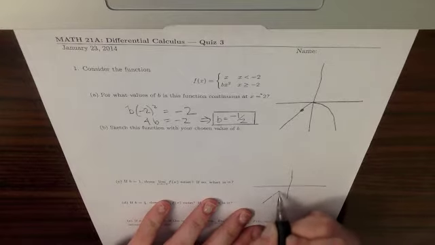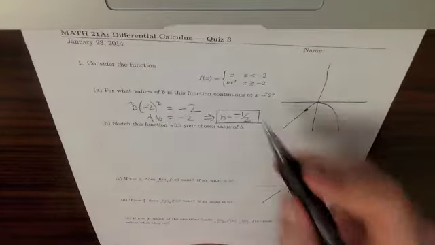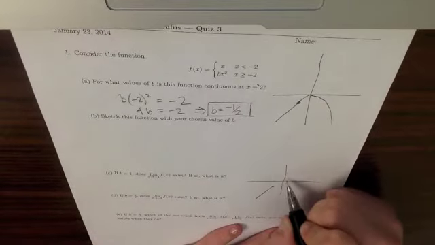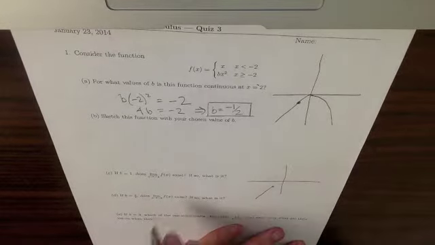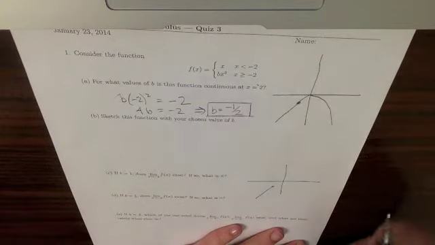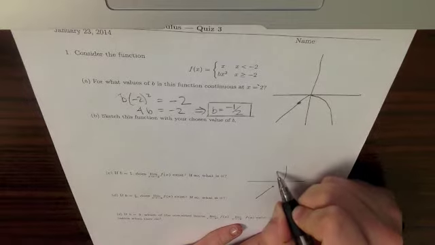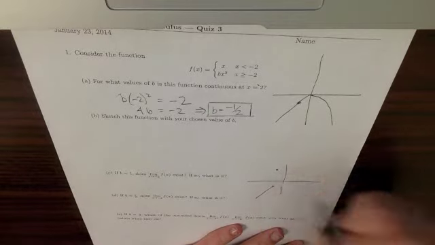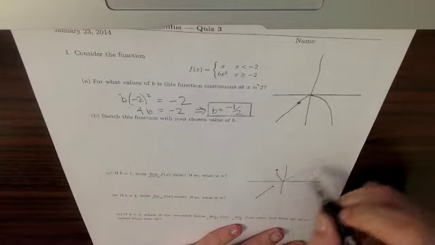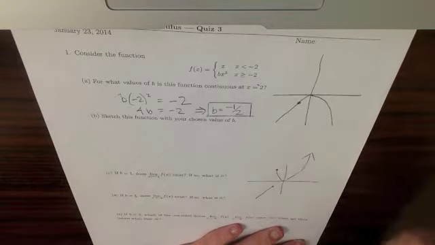If I do that, I have this portion of the function, f of x equals x, stays the same. And then if we sketch b times x squared, that's just 1 times x squared, so that's x squared. Then up here I have 4, and we come down like our normal parabola, and then over here we just open upwards like this.